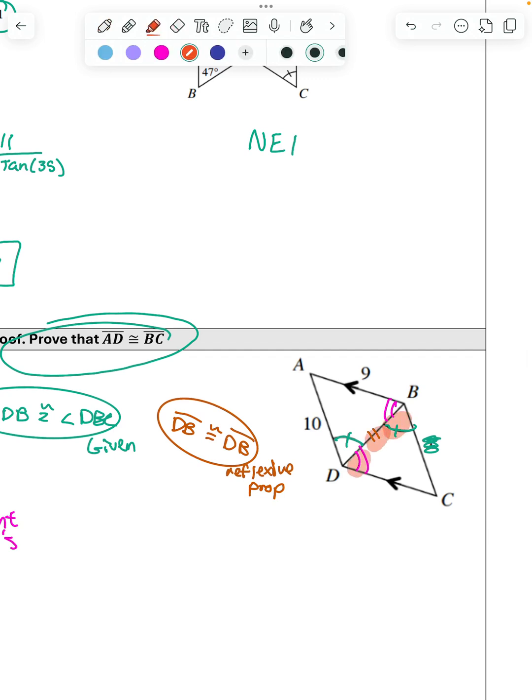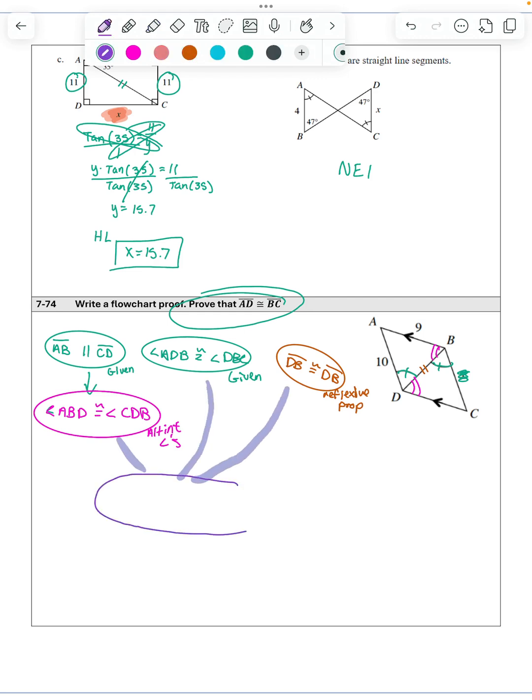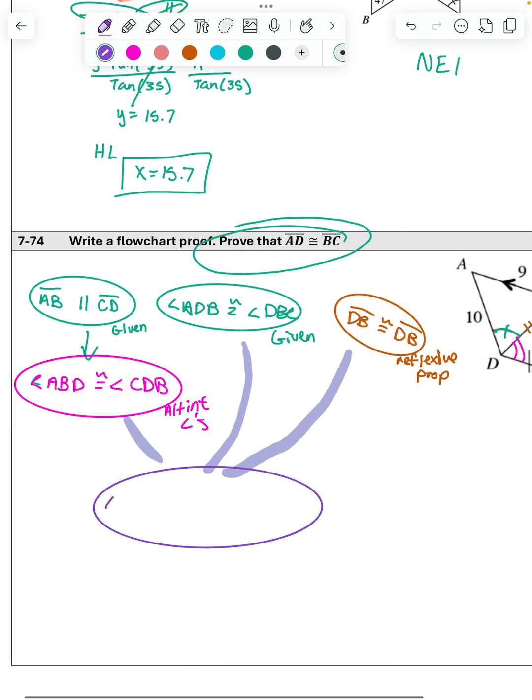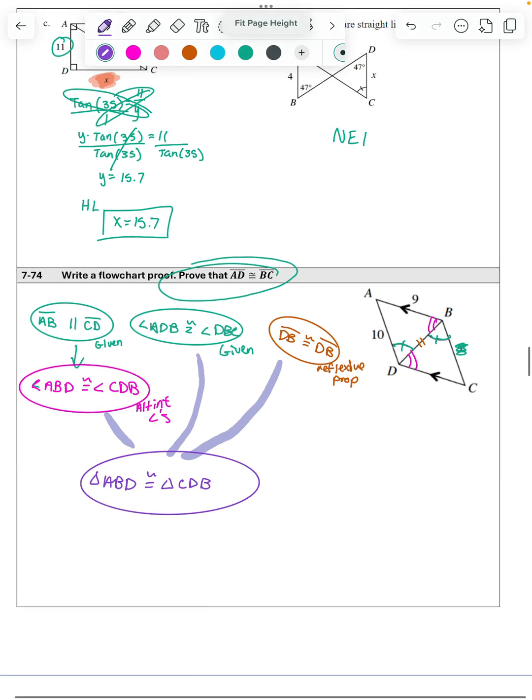I have those two angles and a side between them. So that is enough to say that these triangles are congruent. So triangle ABD is congruent to triangle CDB. That is due to angle-side-angle congruency.